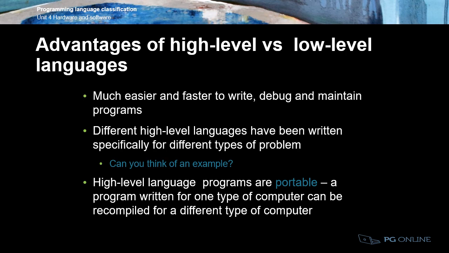We've got a number of different high-level languages that have been written specifically for different types of problem, and one of the tasks I'm going to ask you to do this week is to do a bit of research into a particular high-level programming language and find out why it was developed. And finally, high-level language programs are portable, so you can write a program for one type of computer, and then it can be recompiled for a different type of computer.